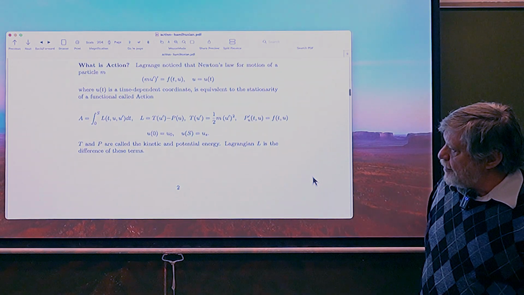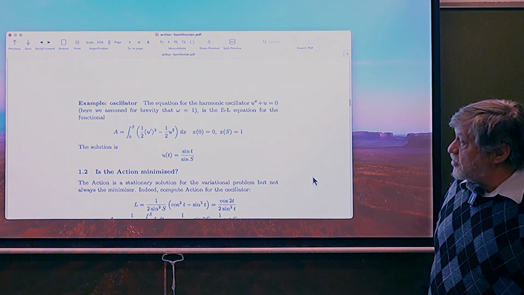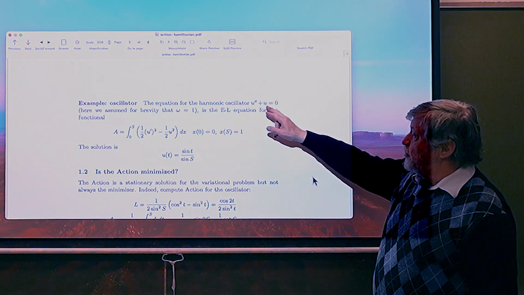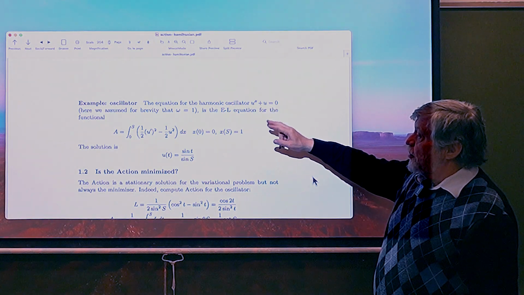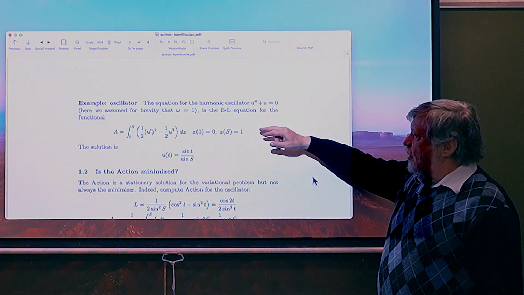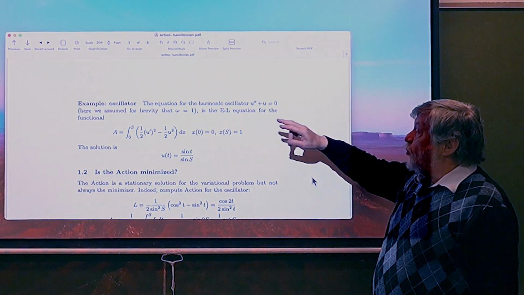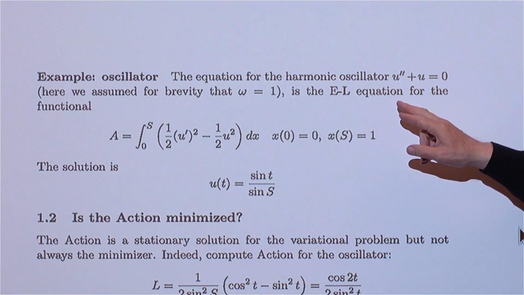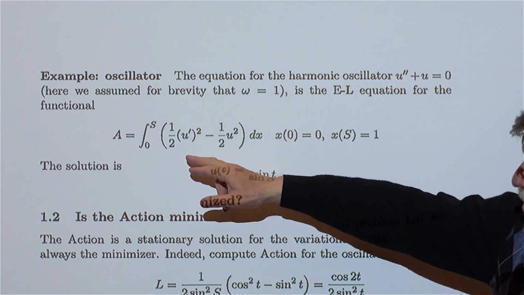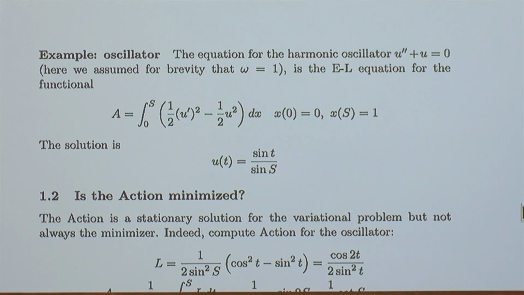Okay, but here's an example. We know the equation of the harmonic oscillator is this: u double prime plus u is equal to 0. Here, for brevity, we assume that the frequency omega is equal to 1. And this is the Euler-Lagrange equation for the following functional: 1/2 u prime squared minus 1/2 u squared.